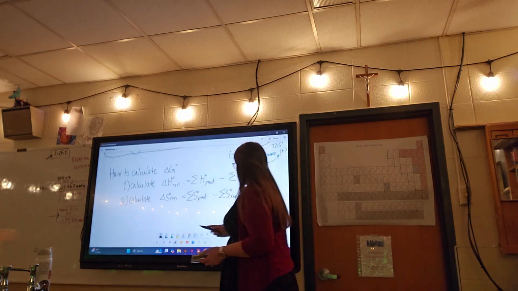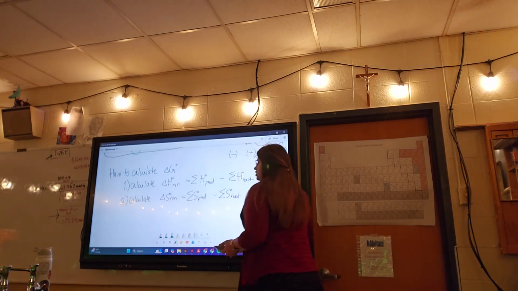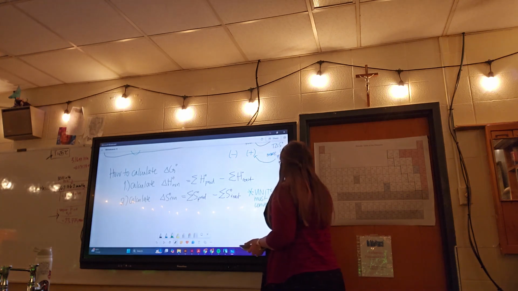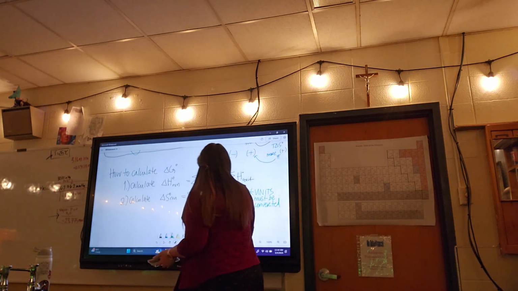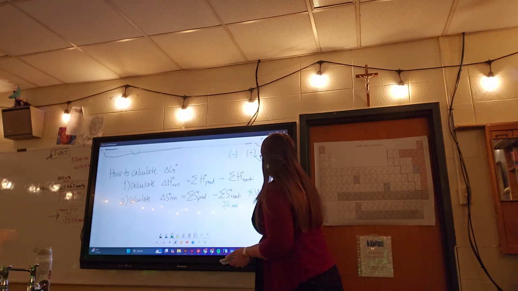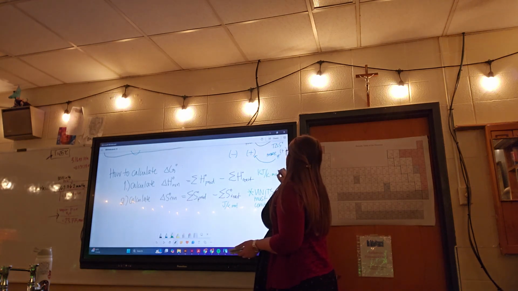The tricky thing about this is that if you look in your appendix, the units must be converted. You're given this information as joules per Kelvin per mole, and you're given this information as kilojoules per Kelvin per mole.